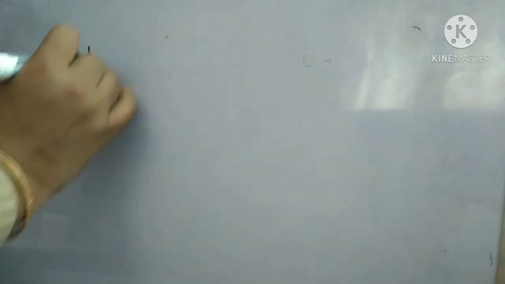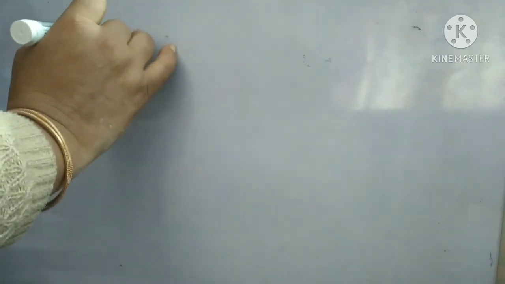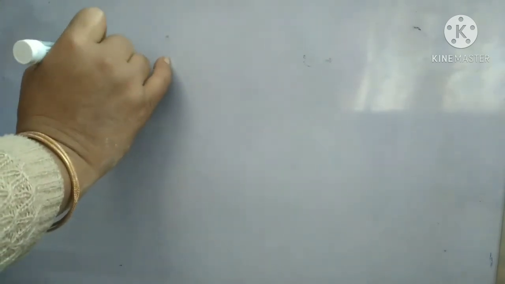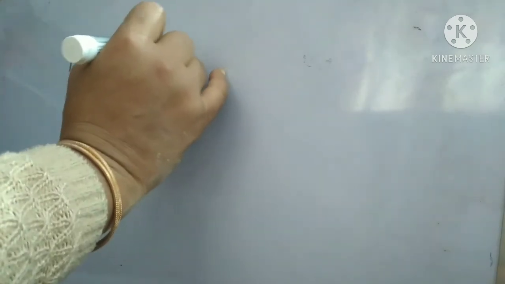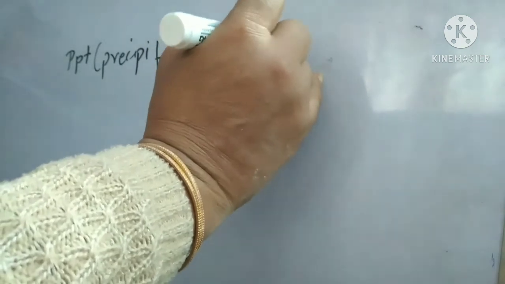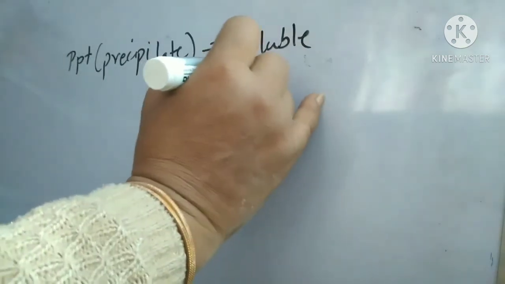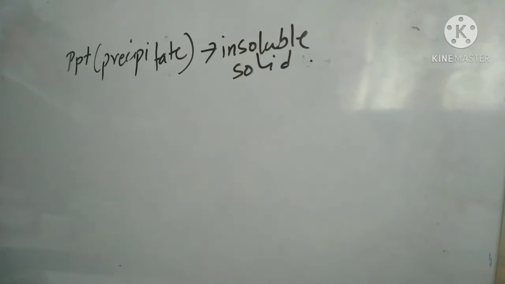In short form we write it as PPT, that is your precipitate, and that is your insoluble solid. These insoluble solids settle down at the bottom of the test tube in which the reaction is carried out.